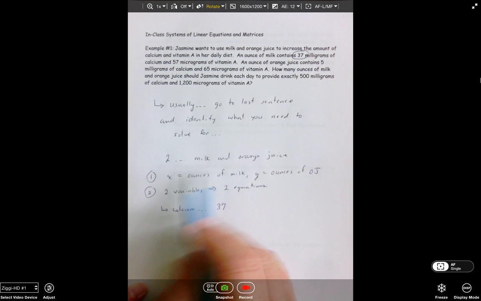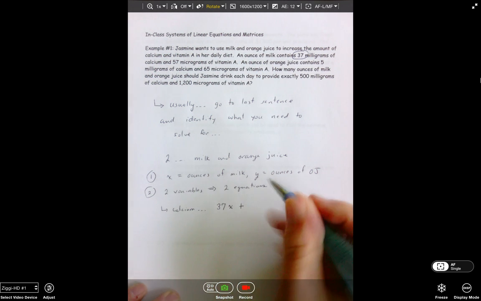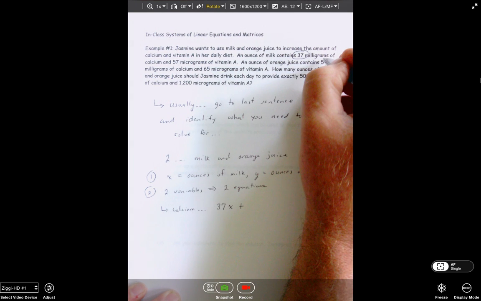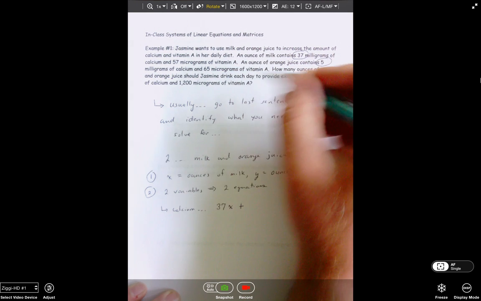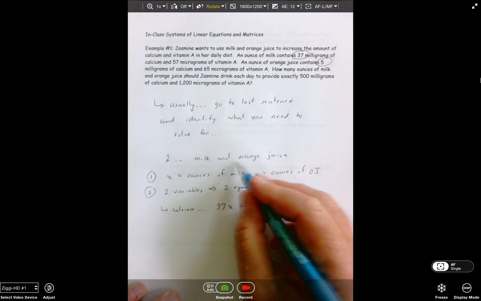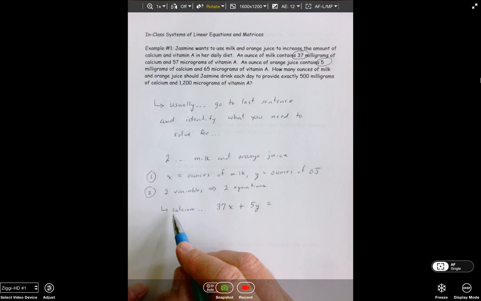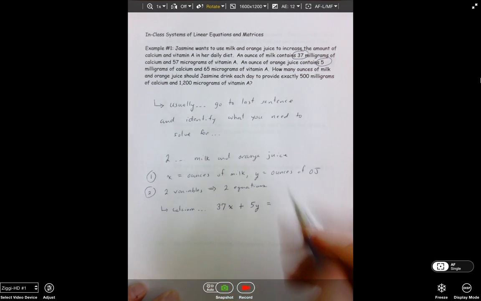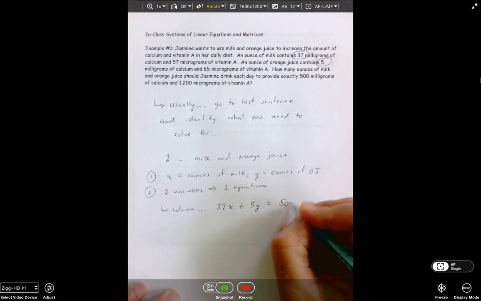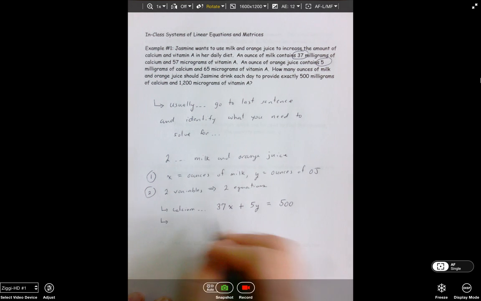And again, X is the number of ounces of milk. And then I have 5 milligrams for every ounce of orange juice. So I'll let that be Y. So my total calcium has to be 500.